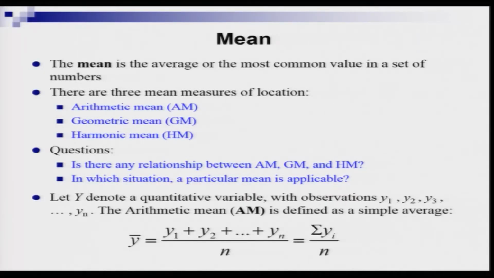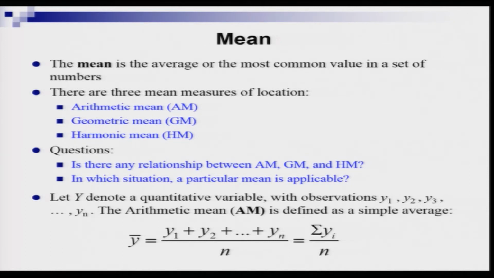What is a mean? Mean is the average or the most common value in a set of numbers, and there are three types of Pythagorean means available: arithmetic mean, geometric mean and harmonic mean, right. Naturally, a question emerges in mind: is there any relationship between AM, GM and HM?